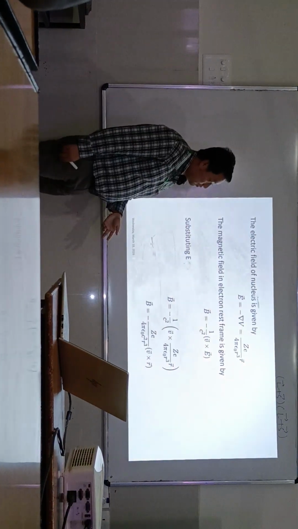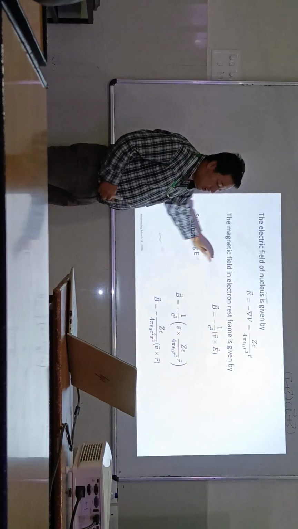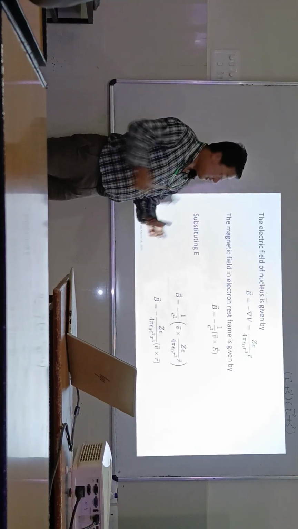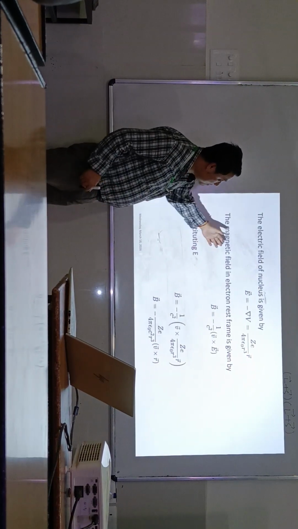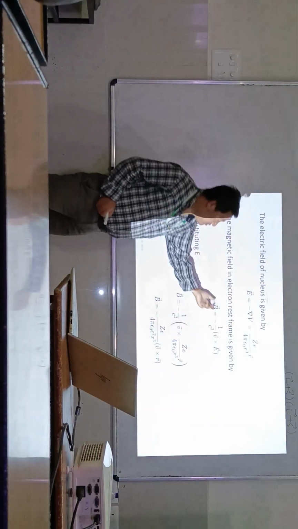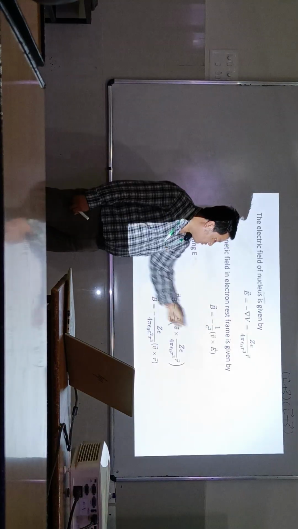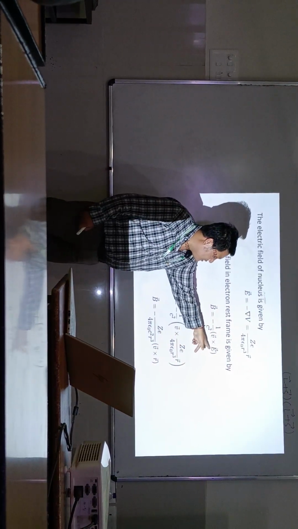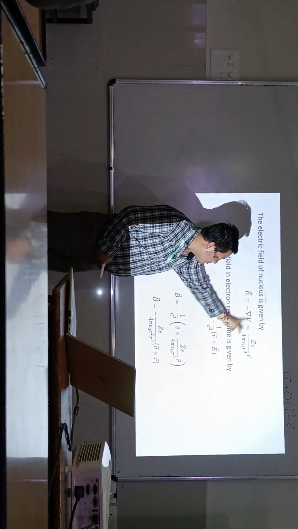Then second, I have explained that the electron is taken at rest. Taking that into account, we know that the magnetic field, that is B vector, is given by minus 1 by c square, velocity V vector cross E vector. Now you substitute this value of E from here.